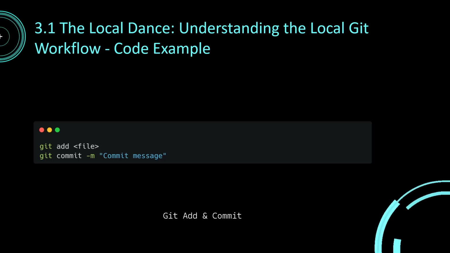You can just do git commit without the -m and without the message, but it will be a more interactive experience. We'll talk about that when we go into more code examples. But just for now, understand that when we're looking at local Git, for most of the time, we are looking at adding files to our staging area and then committing them.